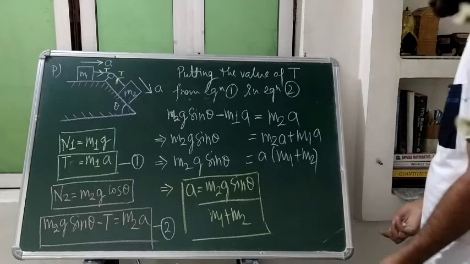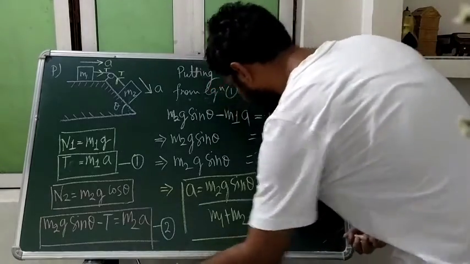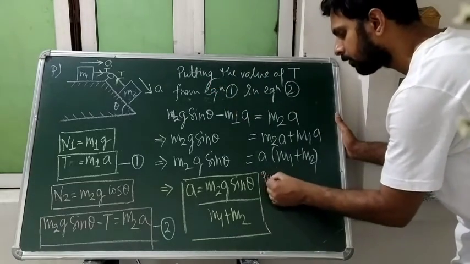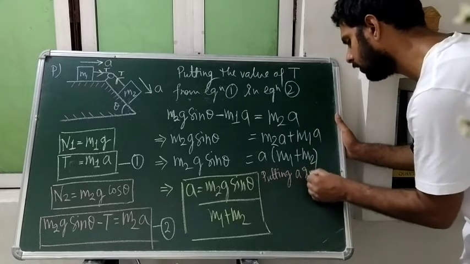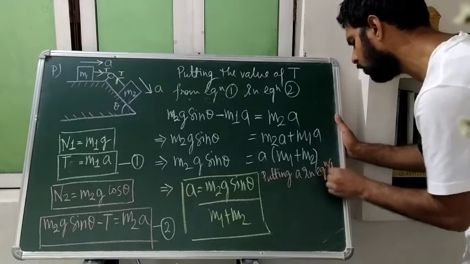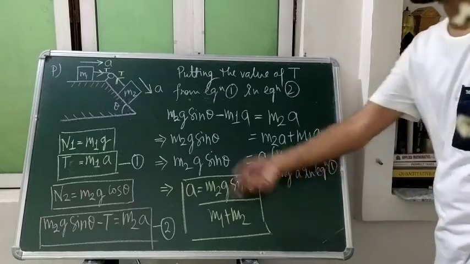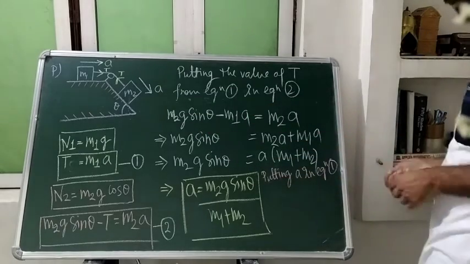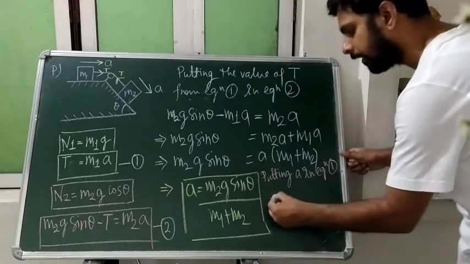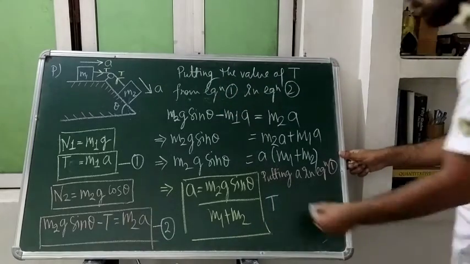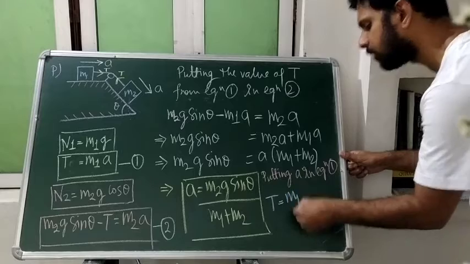And of course, student, you can say, putting a in equation 1, if you put the value of a in equation number 1, the tension T you will get is m1 times a.